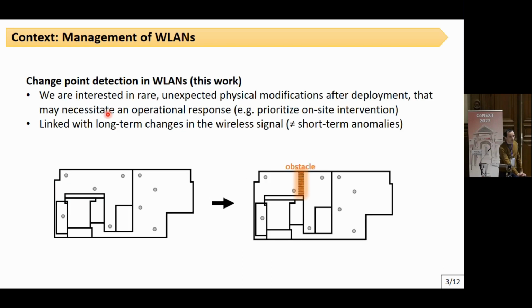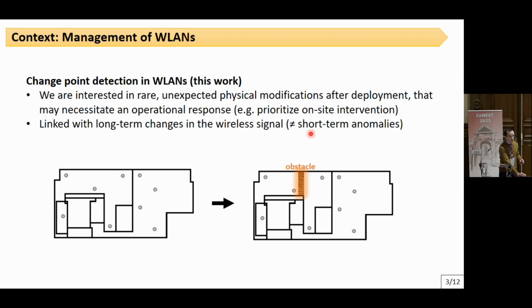While managing this large set of WLANs, chances are that these sites are subject to rare unexpected physical modifications after deployment, such as obstacles, that may necessitate an operational response, for instance, to prioritize on-site intervention.